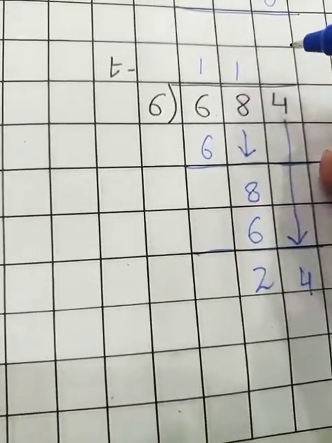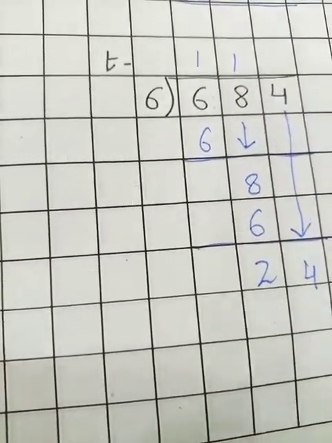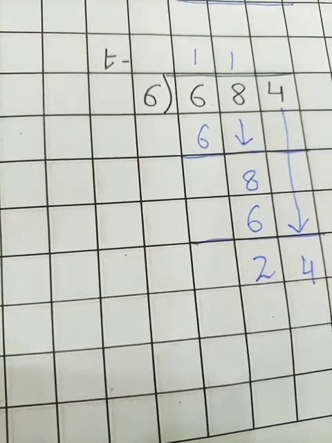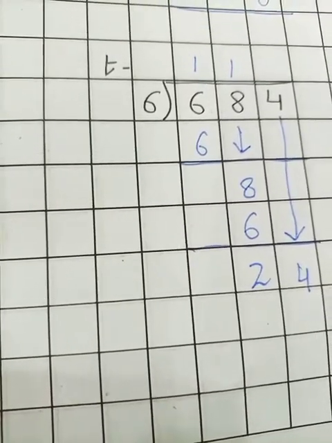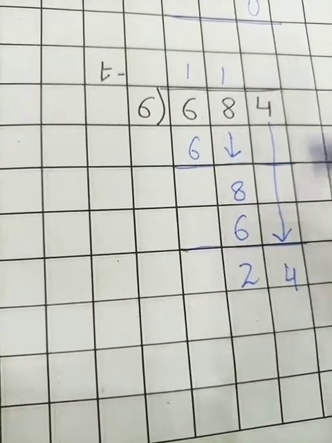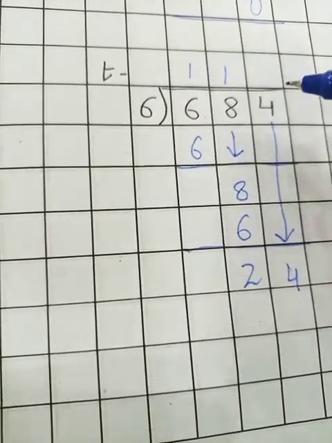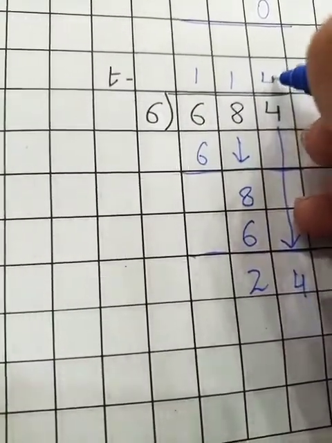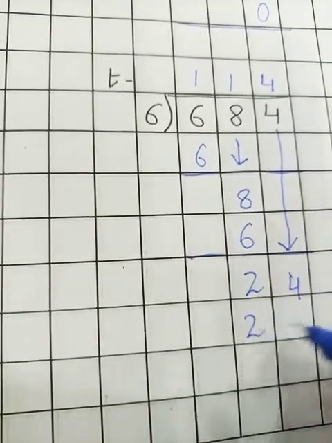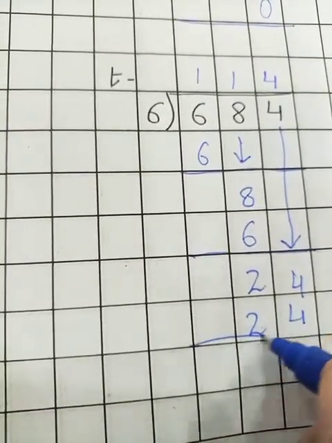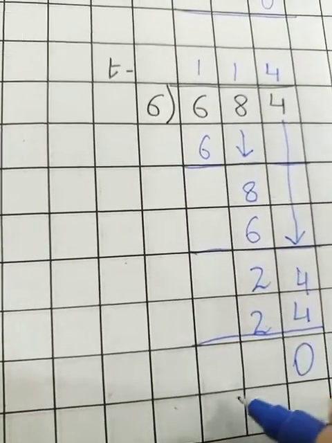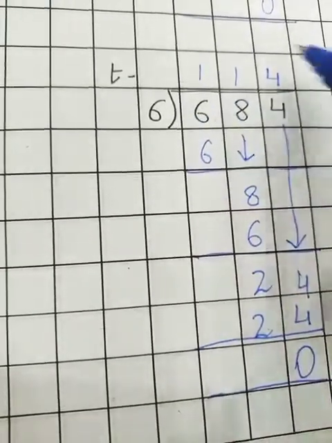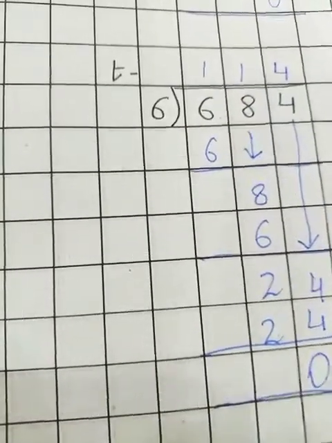So students, 6 ones are 6, 6 twos are 12, 6 threes are 18, 6 fours are 24. Look, I get this number 24. 6 fours are 24. Here is the remainder 0. Now students, what will be our quotient? Our quotient will be 114.